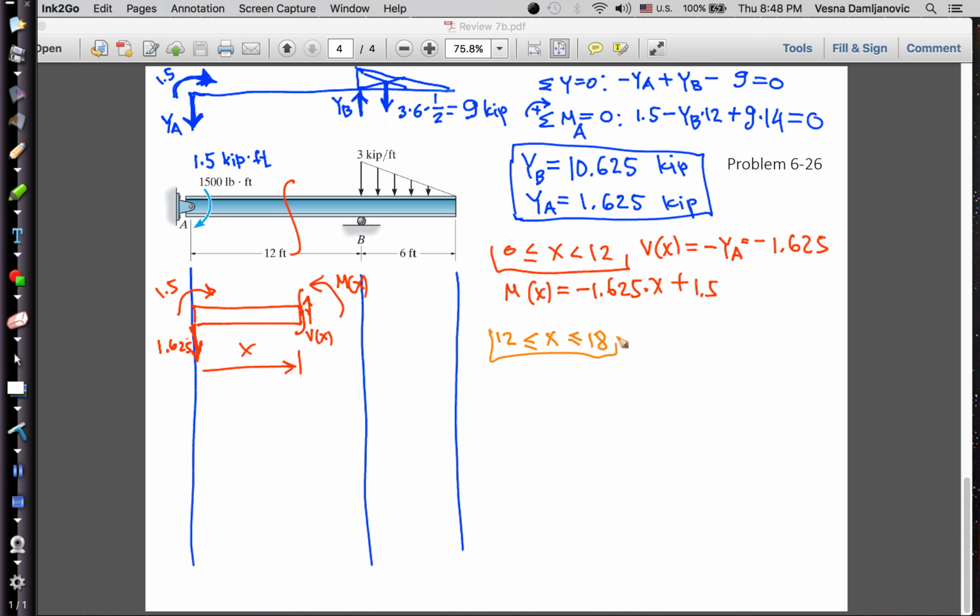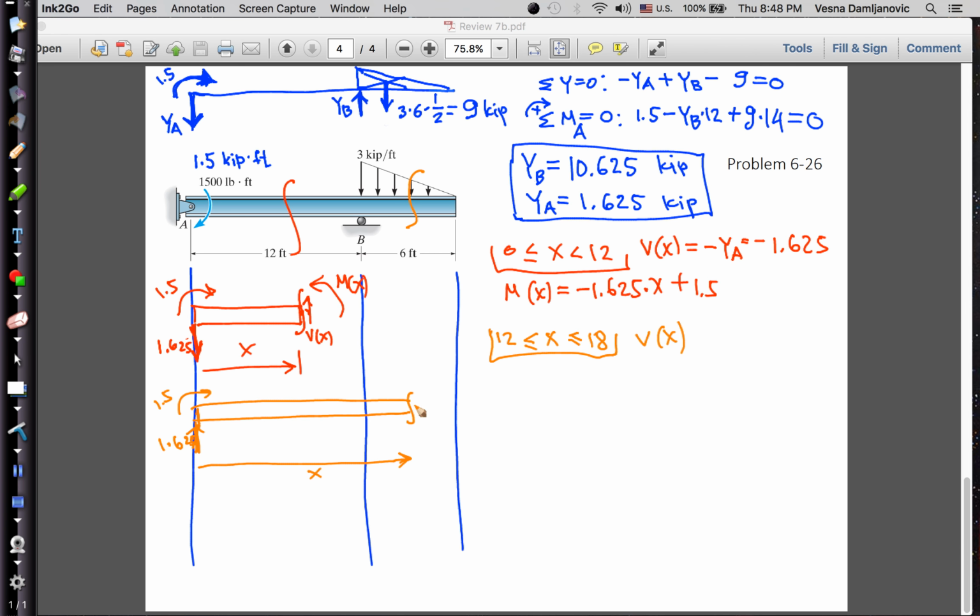Okay, so that's the next span. Our Vx is now different because this is the section we are taking. This is the same, 1.625. The moment is the same, 1.5. This is x.